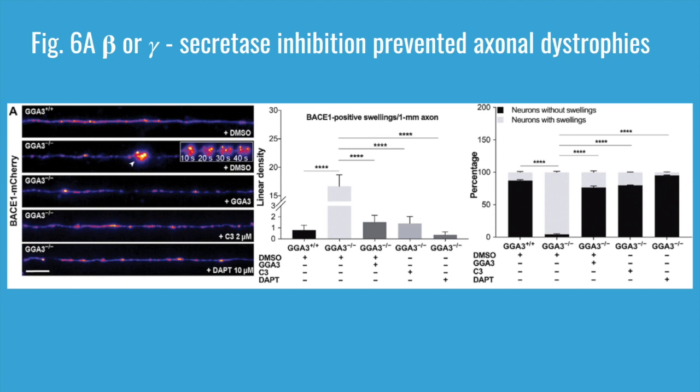And once again, that white arrowhead is pointing towards the BACE spheroid. So overall, what we're seeing is that the inhibition of beta or gamma secretase is preventing axonal dystrophies, and it's influencing the levels of the BACE1-positive swellings to return to levels seen in mice which originally have GGA3.